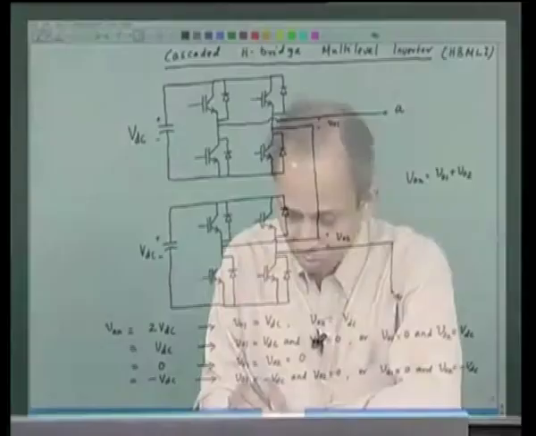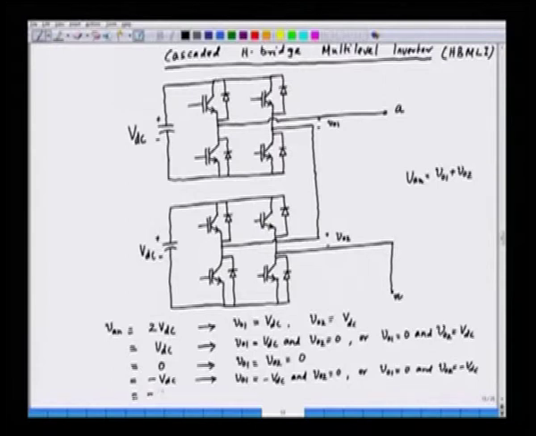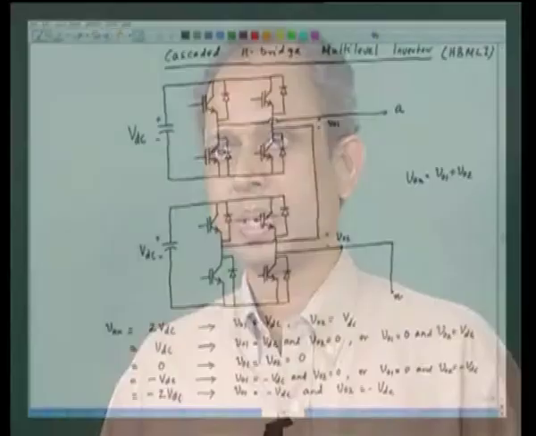So we can have VAN equal to minus 2 VDC, and this is true when VO1 is minus VDC and VO2 is also minus VDC. So how many levels do we have? We have in fact 2 VDC, VDC, 0, minus VDC and minus 2 VDC.